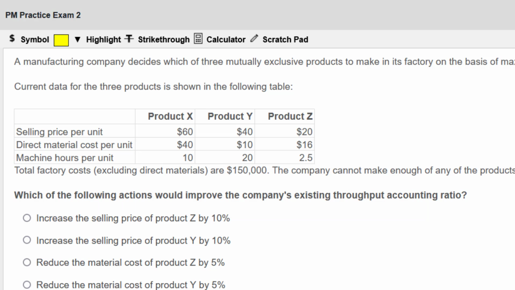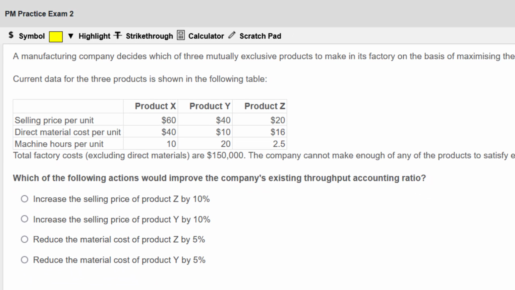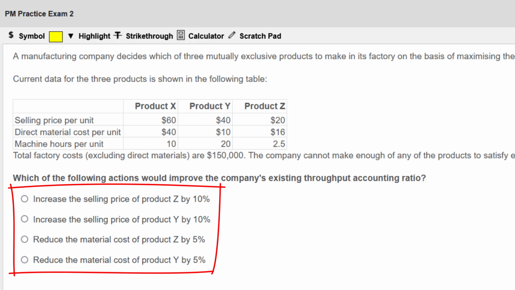Now that we know the formula, the only way to improve that would be to increase the numerator or decrease the denominator. And now I can check out the answers. Maybe we can just eliminate something from logic. We see increasing selling price, reducing material cost, reducing material cost.